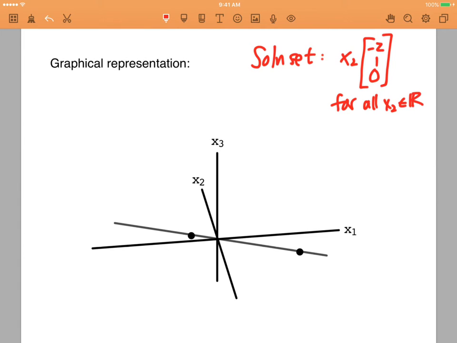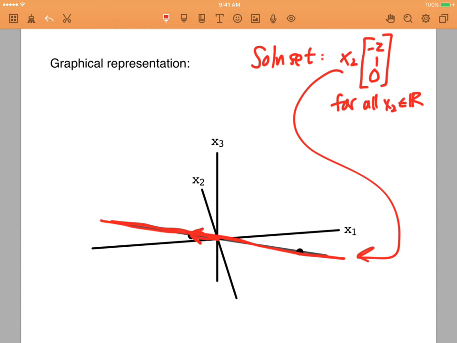So in the picture, that's just all of the multiples of the vector negative 2, 1, 0. So in the picture, here's the vector negative 2, 1, 0, and all of its multiples is this entire line. So this solution set refers to this line in R3. And all of those guys will be the solutions to the system of equations equaling 0.